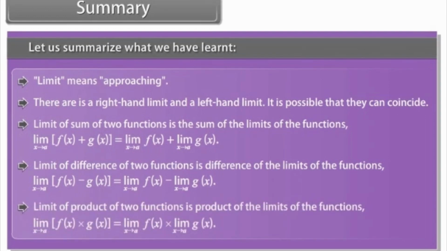Limit of product of two functions is product of the limits of the functions. Limit x tends to a of f of x into g of x is equal to limit x tends to a of f of x multiplied by limit x tends to a of g of x.